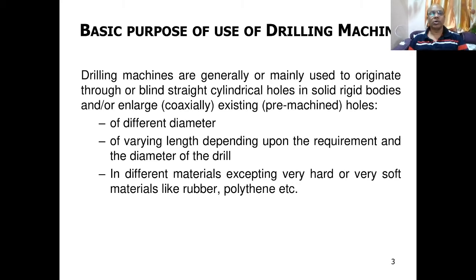A hole can be through or it can be a blind hole, meaning from the other end it is closed and only one end is open. The hole can be of different diameter or varying length, and it can also be produced in different materials. But it is very difficult to produce a hole in a very hard material, or in a very soft material like rubber, polythene, etc.